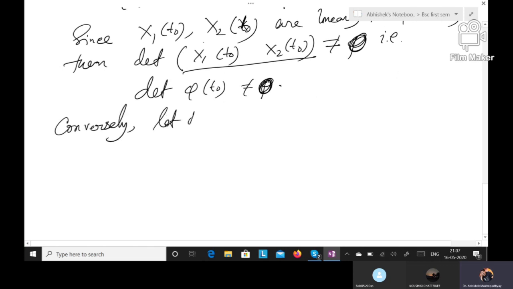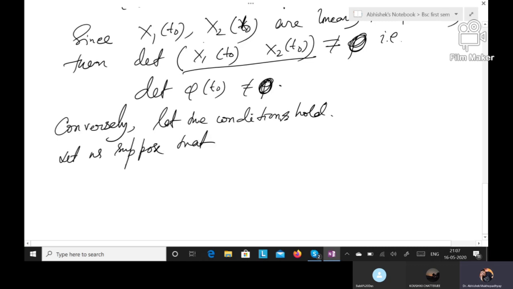So conversely, suppose that the two conditions hold, and let us suppose that phi is written as two column vectors x1 t, x2 t. So phi t is x1 t, x2 t.